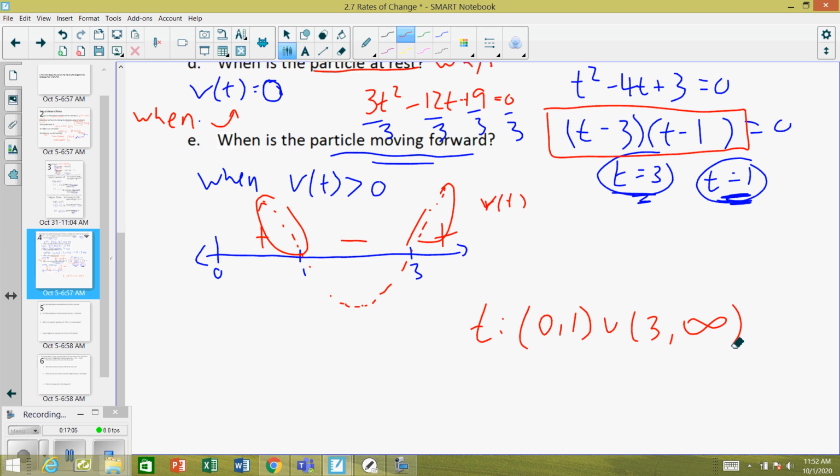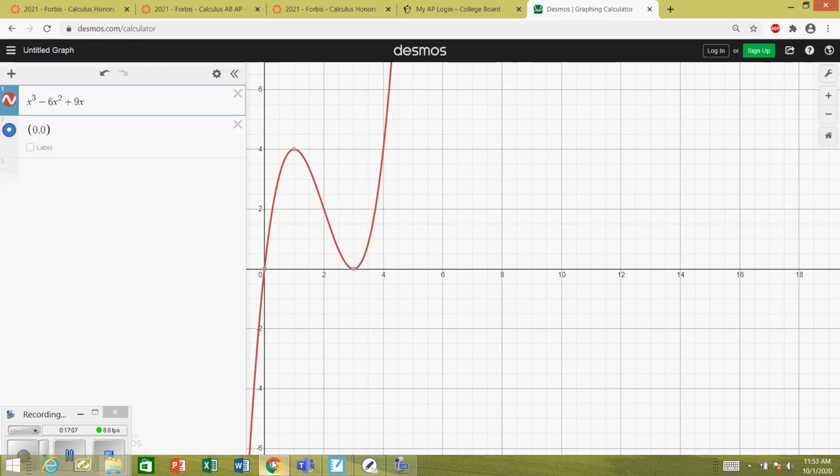Now let's look at the original graph. When is it moving forward? It's moving forward from 0 all the way up until we hit 1 second. Then it's moving backwards because the velocity is negative. Then at 3 seconds, we change direction and start to move forward, in the right direction. Now look at those points where we're at rest.